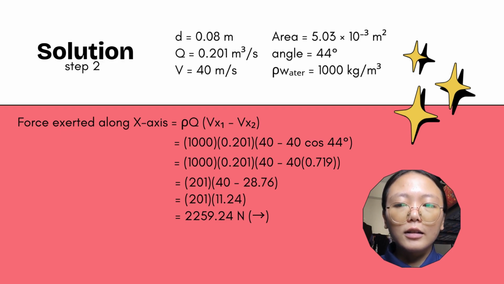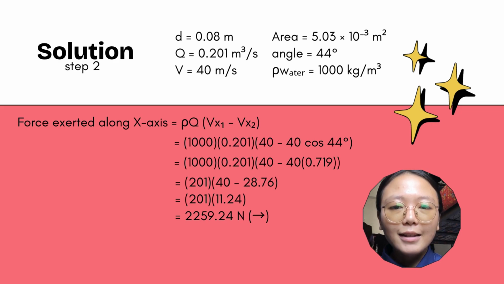So for step 2, we must take note that Vx1 is the inlet, horizontal, which is 40 meters per second, because the flow enters purely along the x-axis, while the outlet is at 44 degrees, which is Vx2.